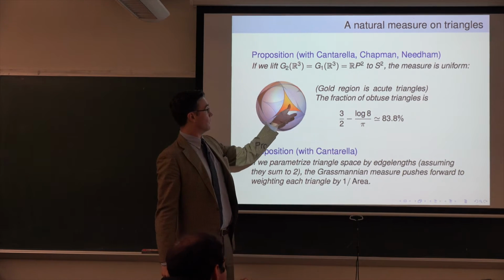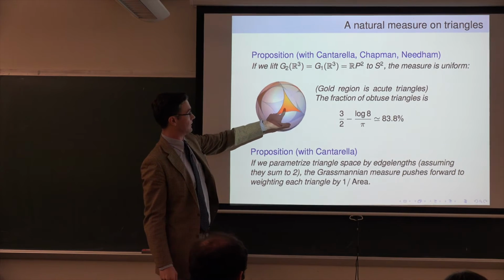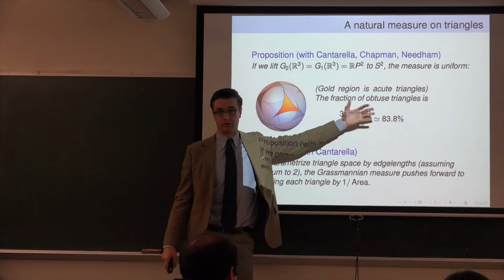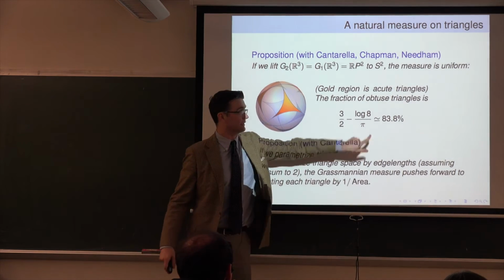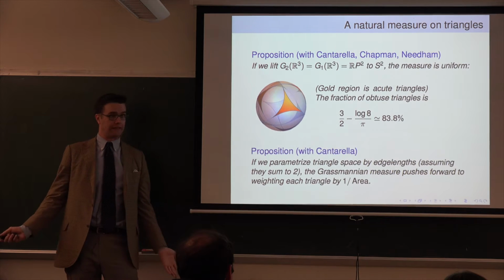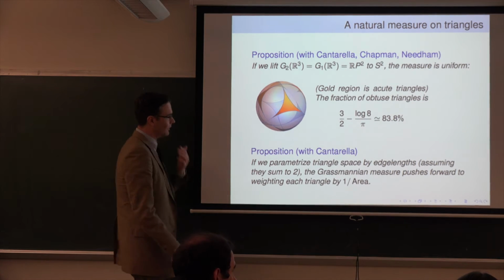And the volume or the relative area of the complement of these gold shapes is exactly this. So you get that the probability of being an obtuse triangle is exactly this number, or roughly 83.8%, which I think is super cool.